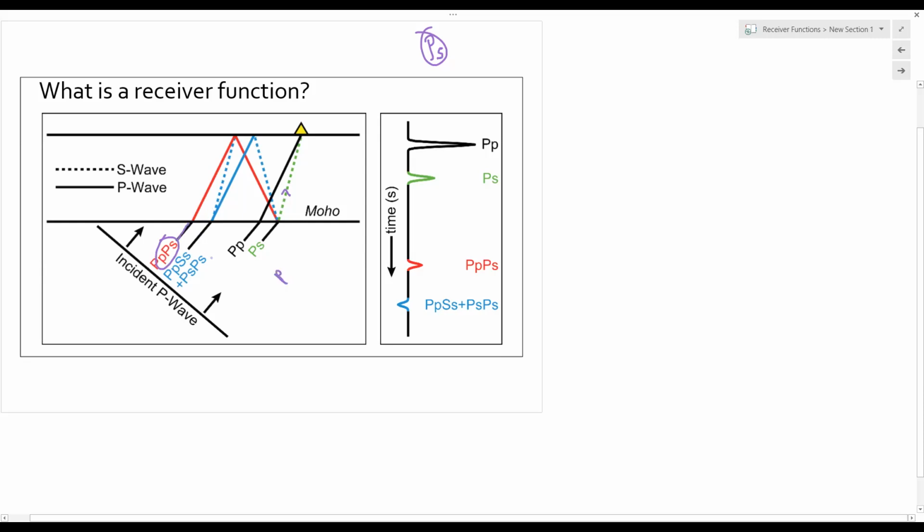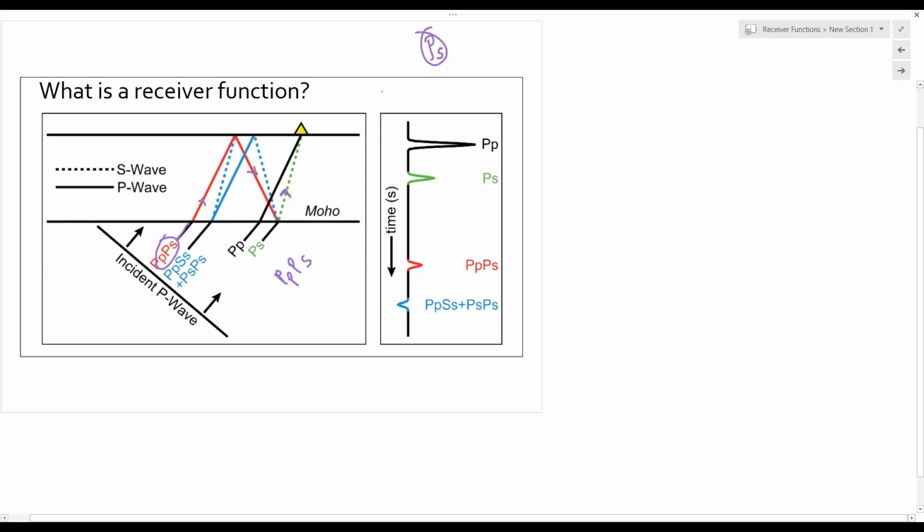And likewise, if you talk about this PP PS phase, then the incident energy will always be capital P, and then this is the upgoing wave, so it will be small p, and then it is getting reflected back from the surface downward, so it will be capital P, and then it has converted to S wave that is upgoing, so it is small s.